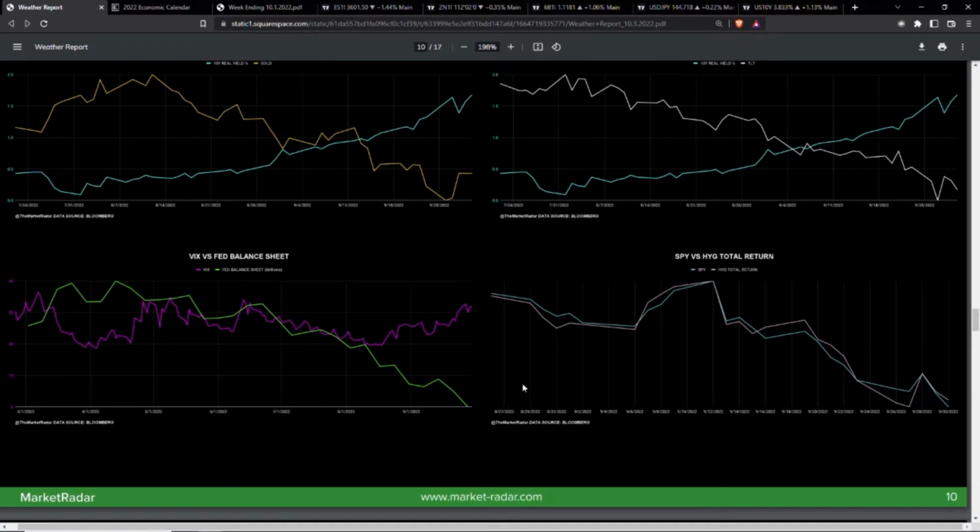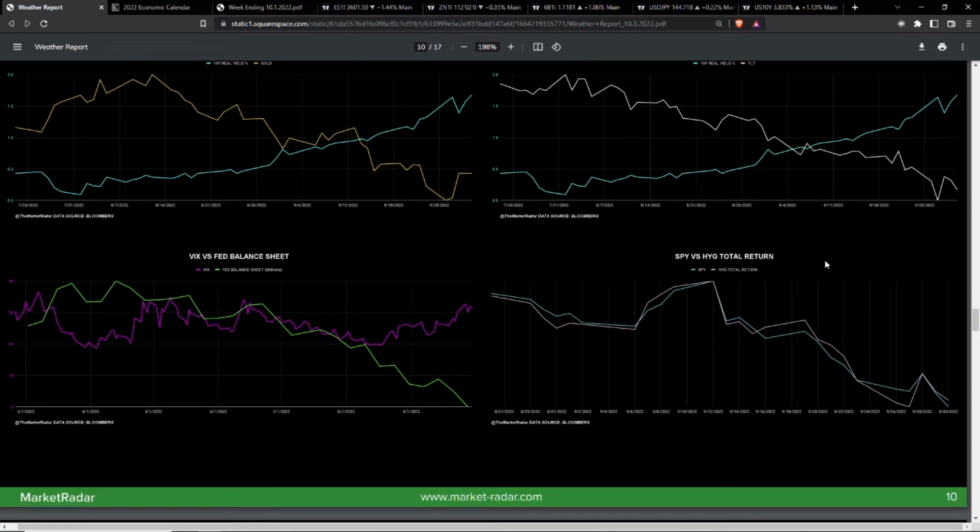If we go back a little bit further, again, it's very hard to show historically. You have to go to our Twitter. We have a bunch of tweets about this. HYG, when it deviates from SPY, is basically telling you that the bond market, the riskiest section of the bond market, is pricing in more downside, and SPY will usually follow, if not at the same time.